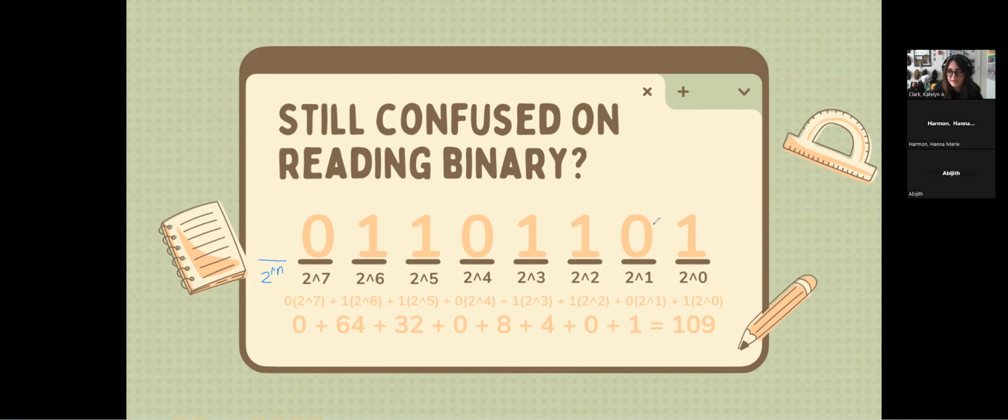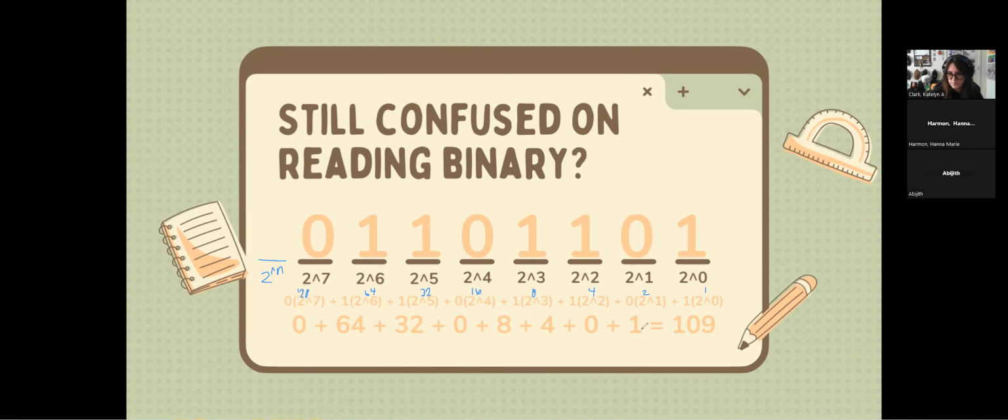How you add everything up is you go: I have 1 of 2 to the 0th, which is 1. I have 0 of 2 to the first, 2. 1 of 2 to the second, which is 4. Then 8, 16, 32, 64, and this will be 128.